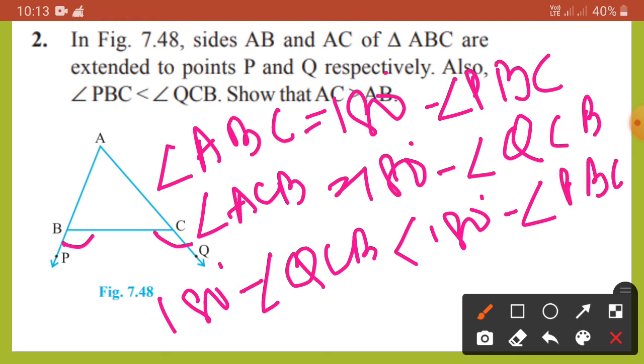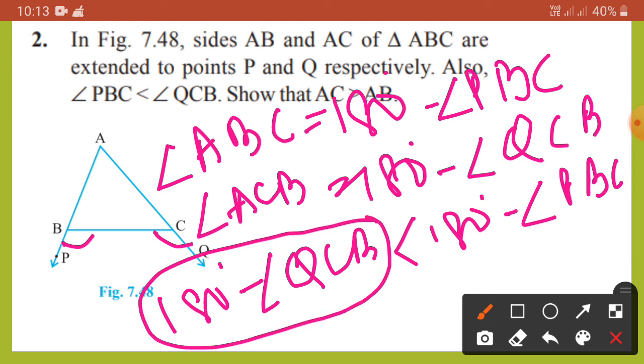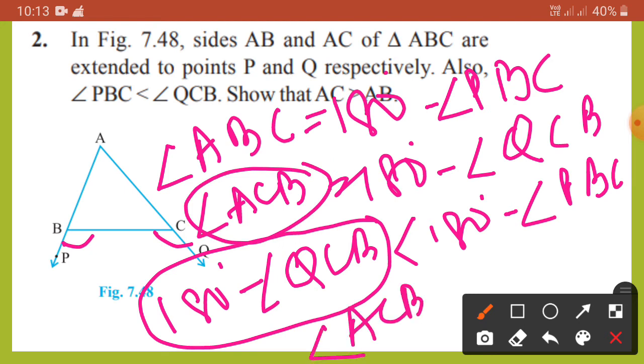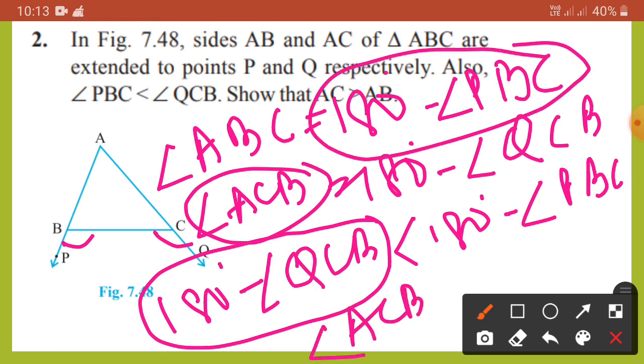If we put 180 minus QCB as ACB and 180 minus PBC as angle ABC, ultimately we get that angle ACB is less than angle ABC.